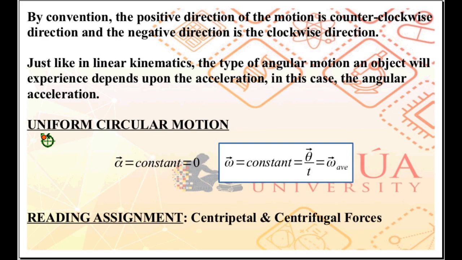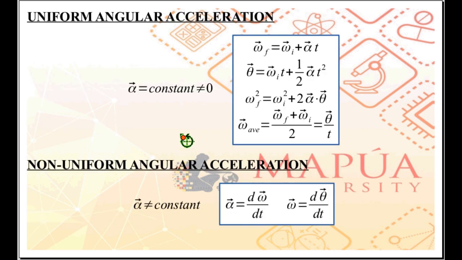For uniform motion, V is equal to x over t. For uniform circular motion, you have omega is equal to theta over t. So the form of the equations are similar. The only difference are the variables.